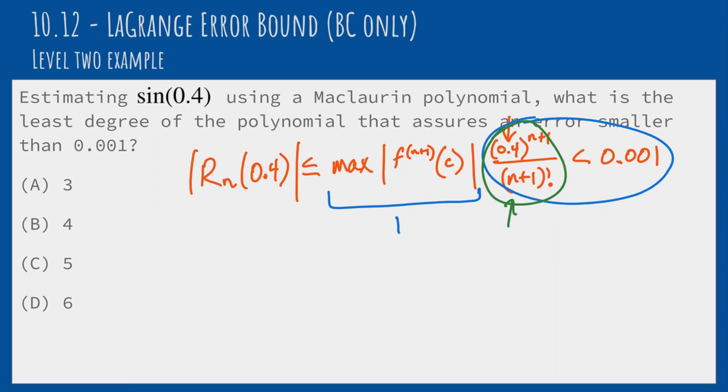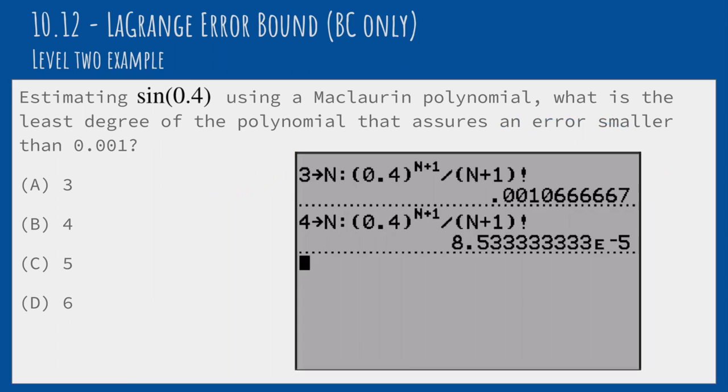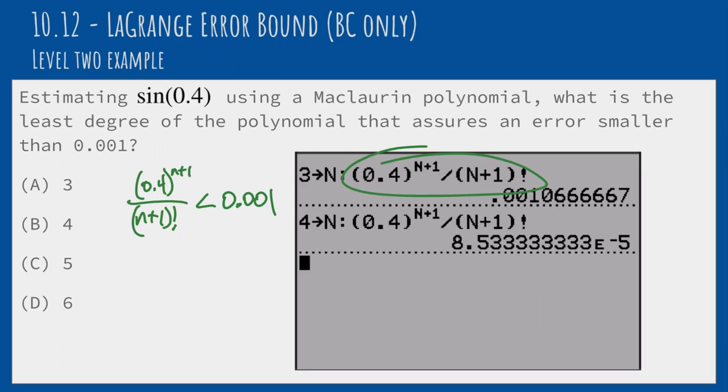So I want to show you a little trick that you can use in your calculator. Remember, the expression here is 0.4 to the n plus first power over n plus 1 factorial, and it needs to be less than 0.001. What I did here is I typed in that expression with n in there, but before I did, I typed in 3 stored for n.